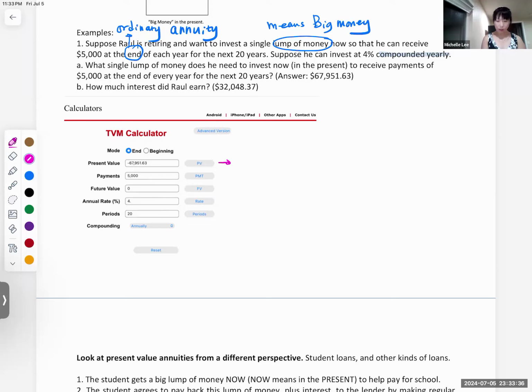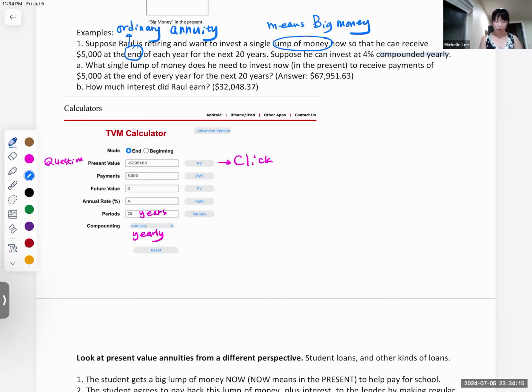So we click this one, right? This is the question. Payment is $5,000, and then future value. We also want to use everything invested by the end of 20 years. Annual rate is 4%, period is 20 years, and then compound yearly, annually, same thing.